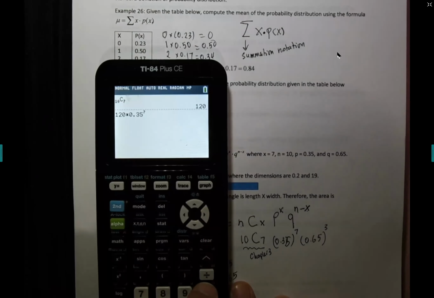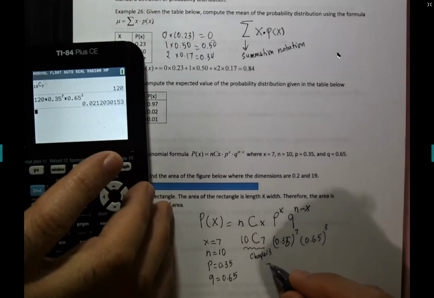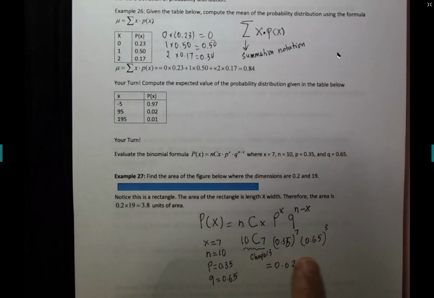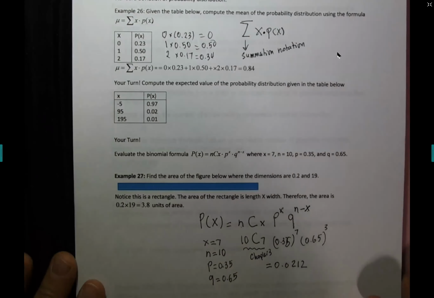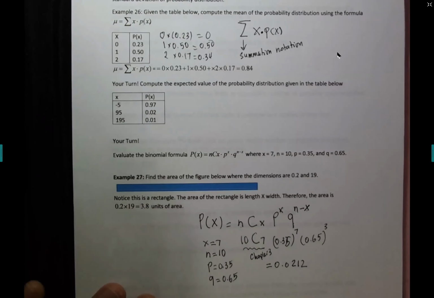Now times 0.65 and then the power exponent 3. There you go. That's the answer. You can get the answer, 0.0212. And I'll write it down. That's how you use the formula. We will discuss the formula later, but it's good to know how to use it.